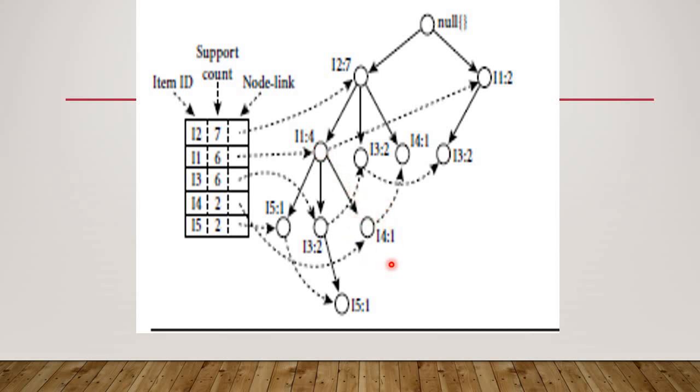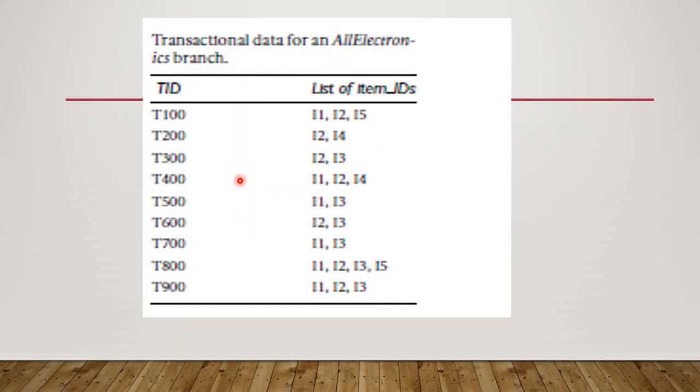I4 is occurring for the first time here, so make the count 1, and I2 will be 4 and I1 will be incremented to 2. Likewise we go on reading every transaction, and as long as a path does not appear in the FP tree, we introduce it newly by making the count 1, and if the path already occurs, then we just increment the count of the node because the path is already there in the tree.